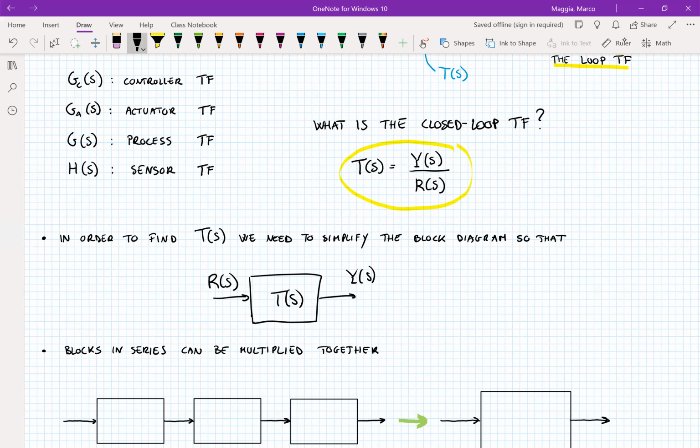You can find in the textbook and elsewhere many rules, and sometimes they can get a little bit confusing. So I'm going for a more straightforward approach for the block diagram reduction here. The only two rules that you need to know are very, very easy.